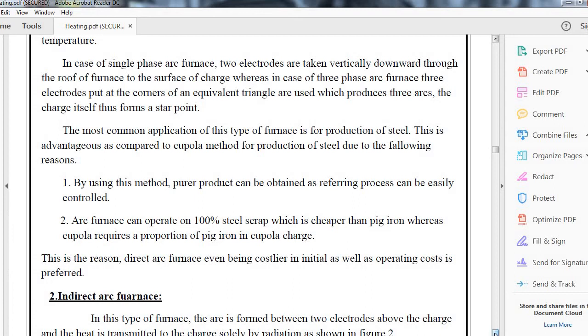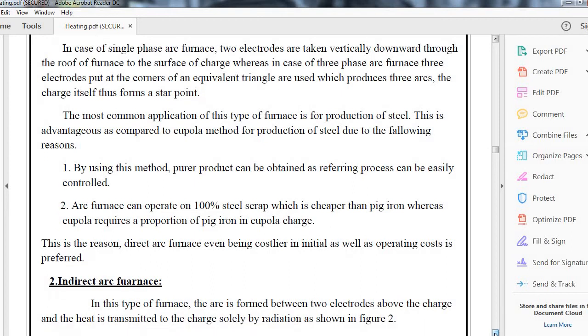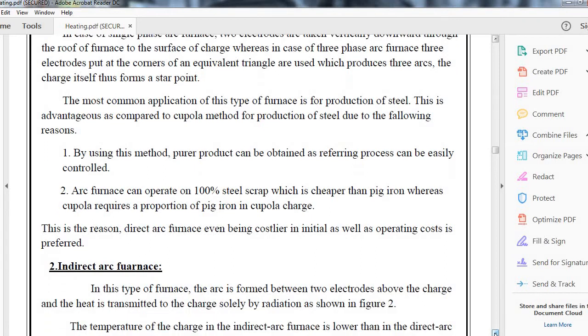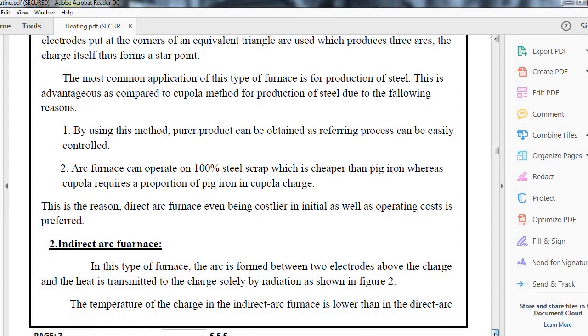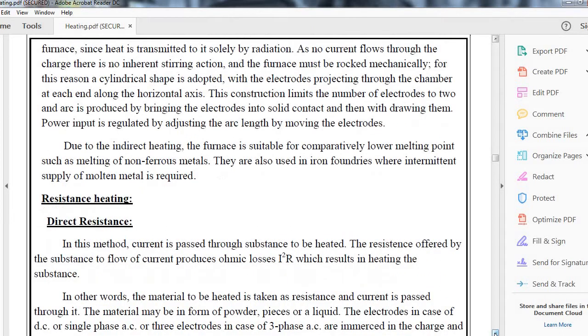Indirect arc furnace. In this type of furnace, the arc is formed between two electrodes above the charge and the heat is transmitted to the charge solely by radiation. The temperature of the charge in the indirect arc furnace is lower as compared to the direct arc furnace, since the heat is transmitted to it solely by radiation.